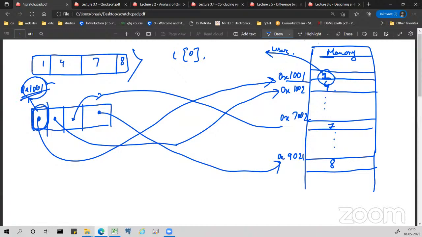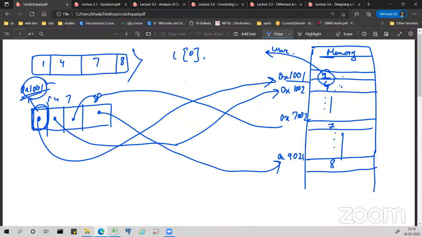Please understand that the list is not directly storing 1, 4, 7 and 8. It is storing the memory references internally where those values are present. And one very important observation is that these are discontinuous. See, 1 and 4 may be continuous, but all other values are discontinuous in a list.